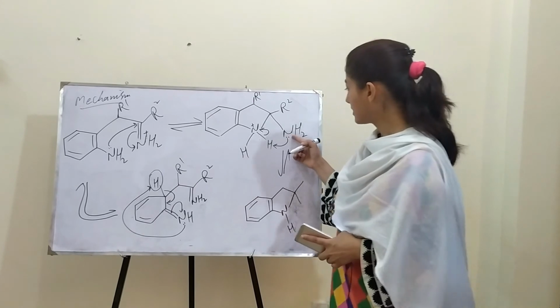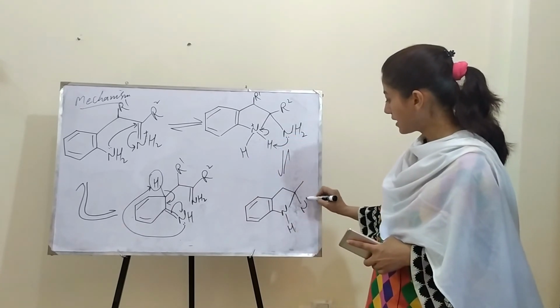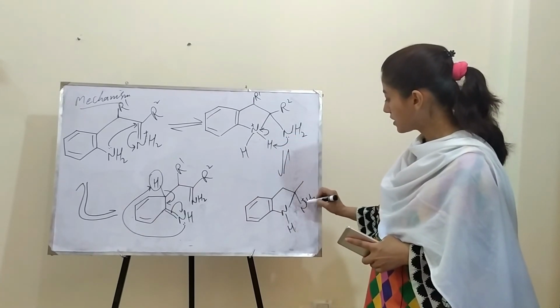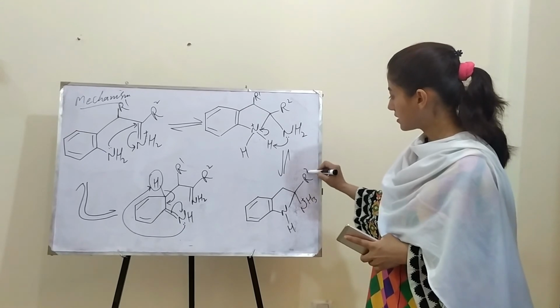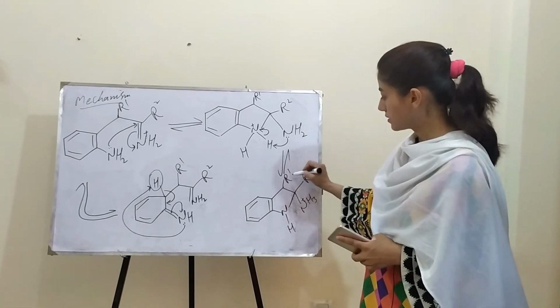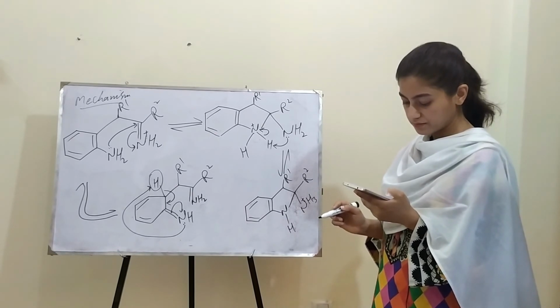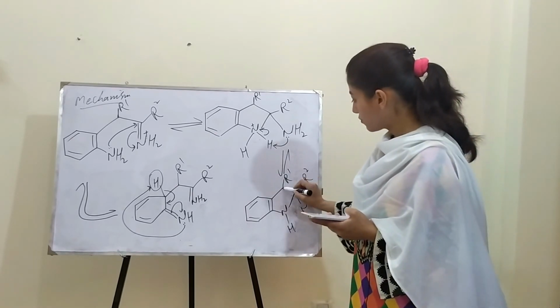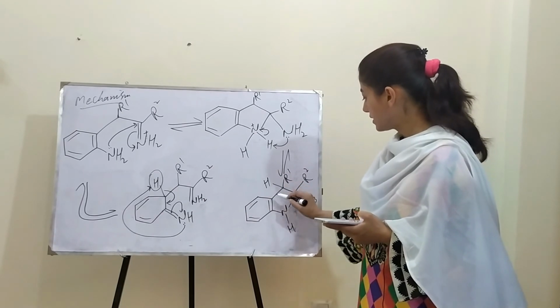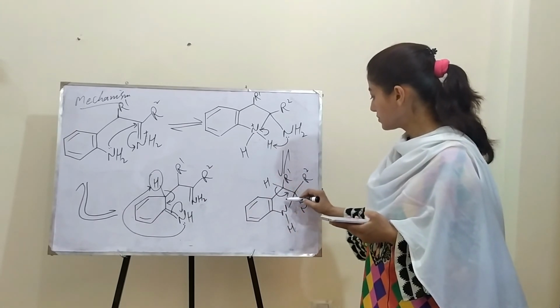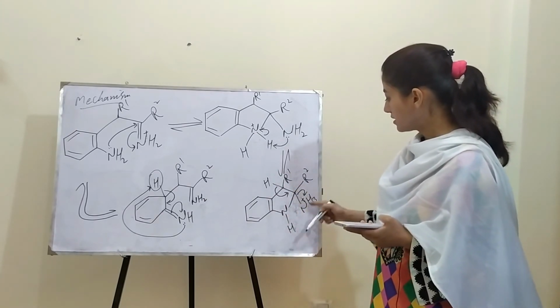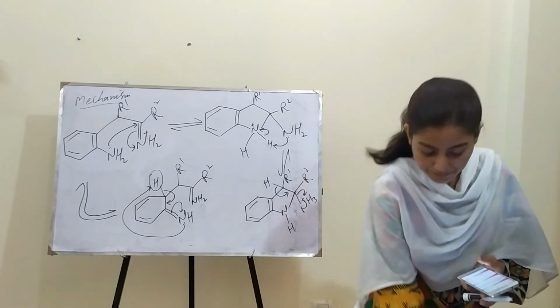Now this NH2 gets converted into NH3 with a positive charge over it. Here it is R2 and here R1. Now one hydrogen over here, it is shifted to this position and this is eliminated as ammonia.